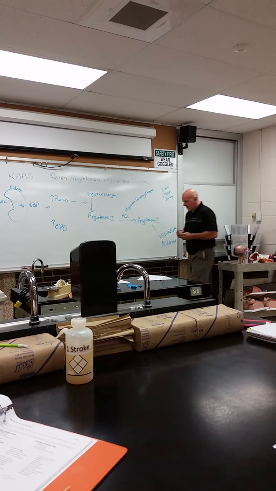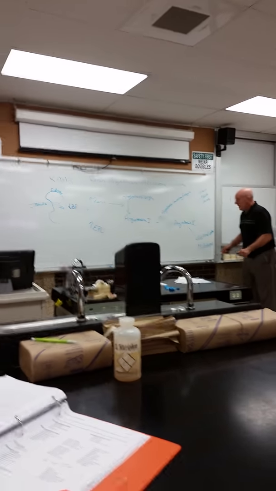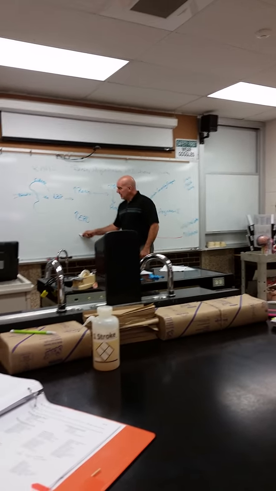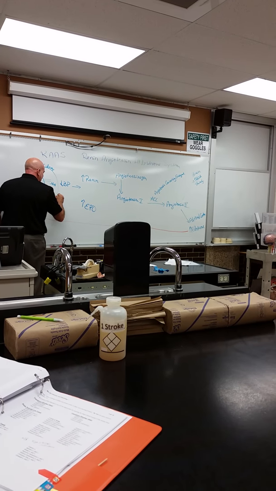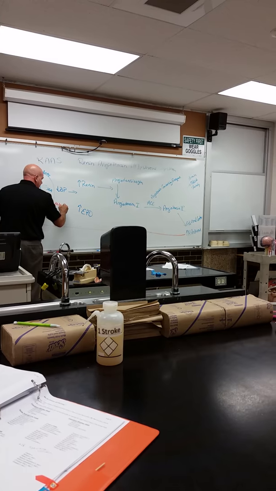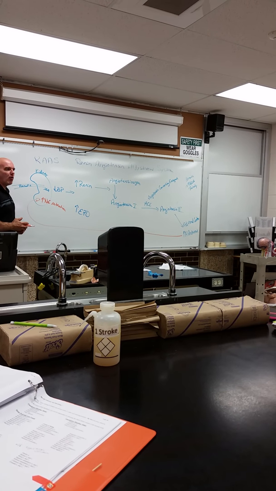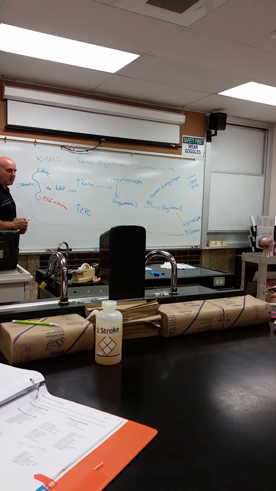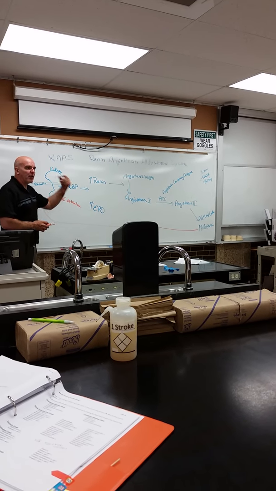Now, who cares? I haven't raised blood pressure yet. I'm about to raise blood pressure. Aldosterone goes to the kidney and says, increase sodium retention. So you made your blood more salty. Water always travels from a hypotonic environment into a hypertonic environment. If I just made my blood more salty, water follows.